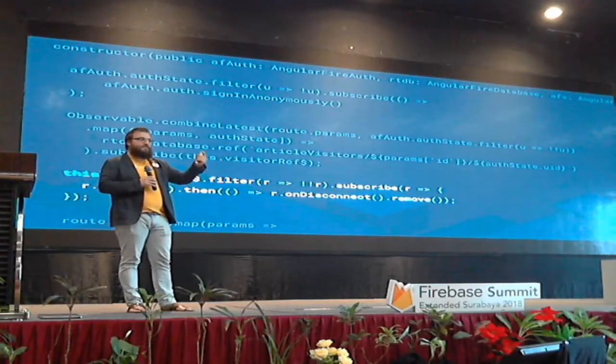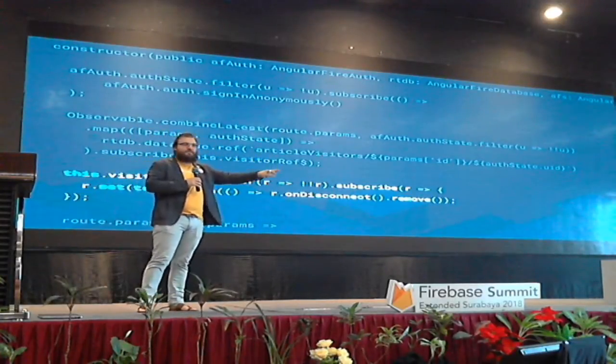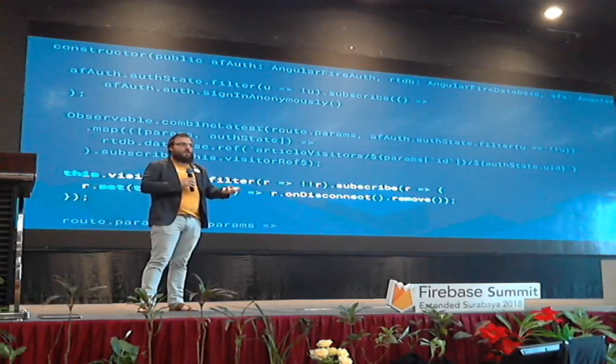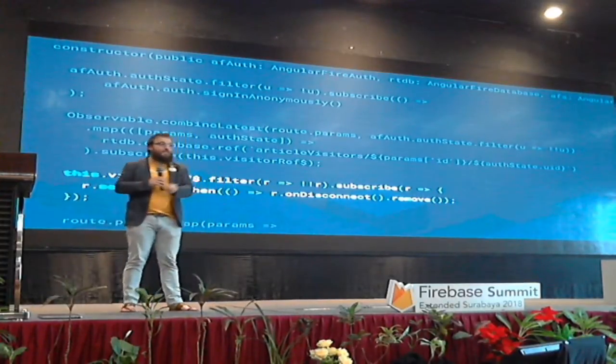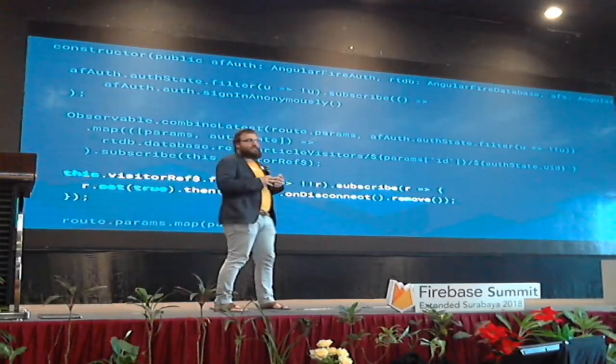And if the user disconnects from the connection to the real-time database, we're going to remove that from the real-time database. So what we're doing is storing a value in the real-time database, and then on disconnect, removing it. On disconnect can happen if they close the page of the web browser, if their internet breaks out. It's whenever the connection to the real-time database is severed.